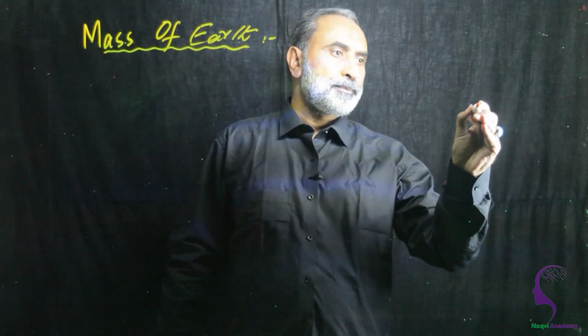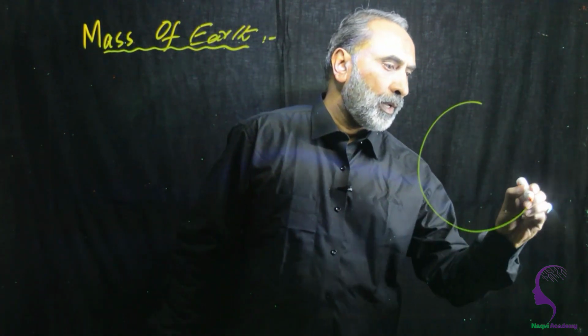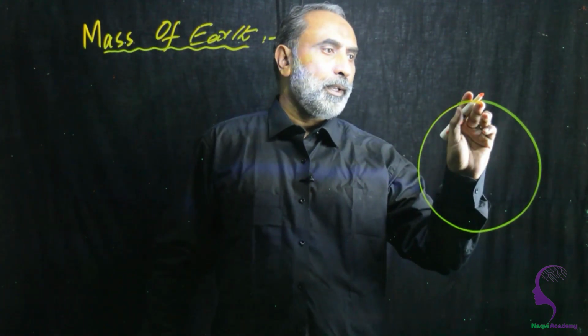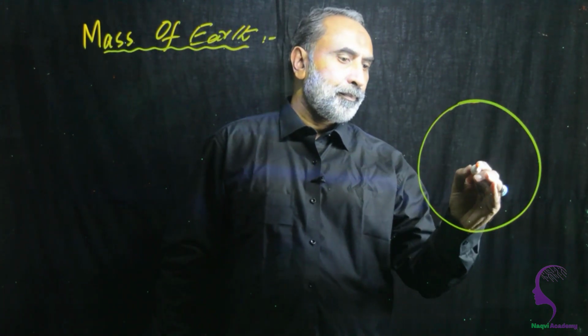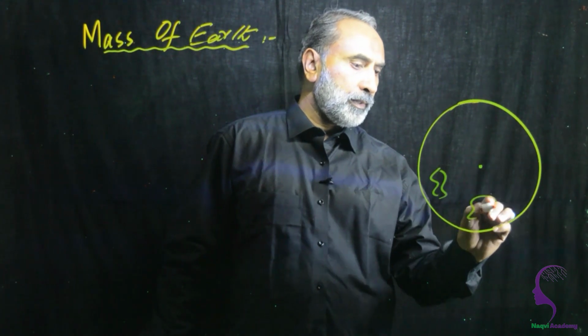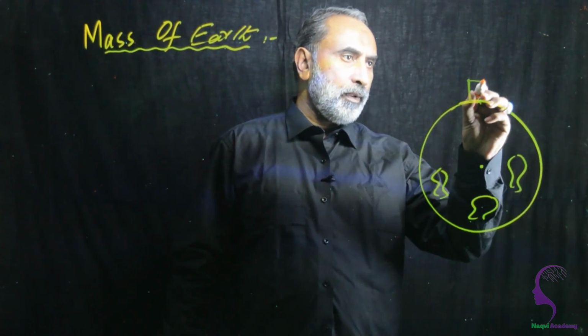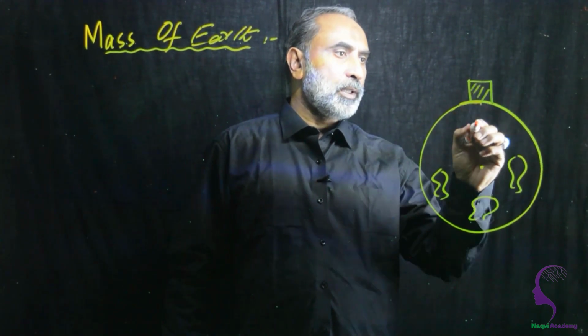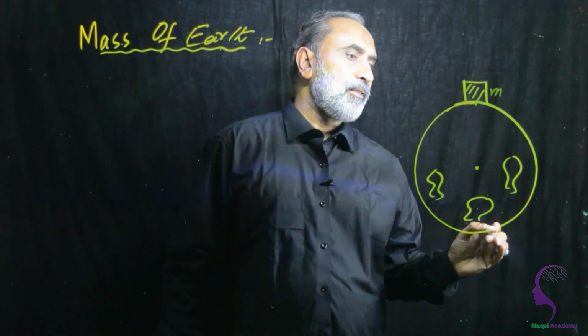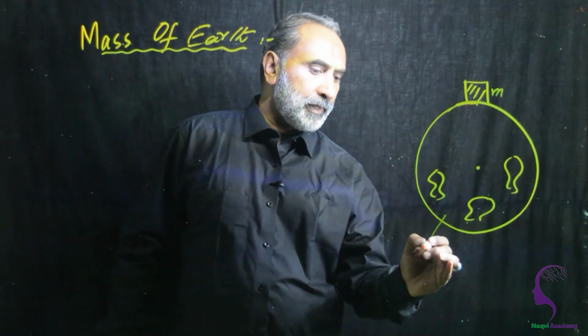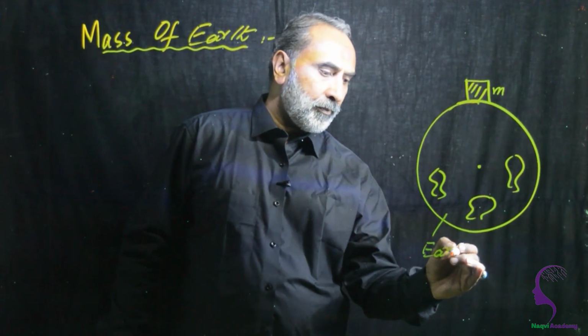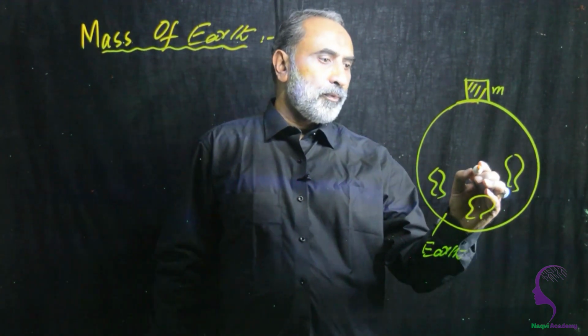Let's suppose Earth is one body. It's a small body which is placed on the surface of the Earth, having mass m. Here is Earth, the center of the Earth.